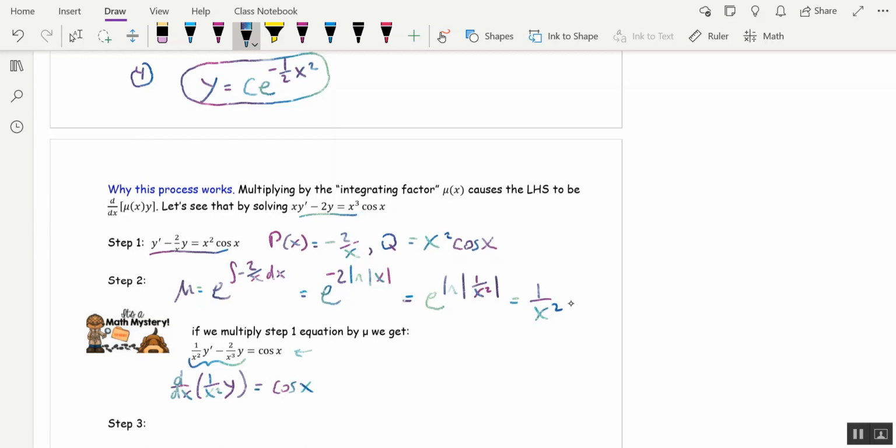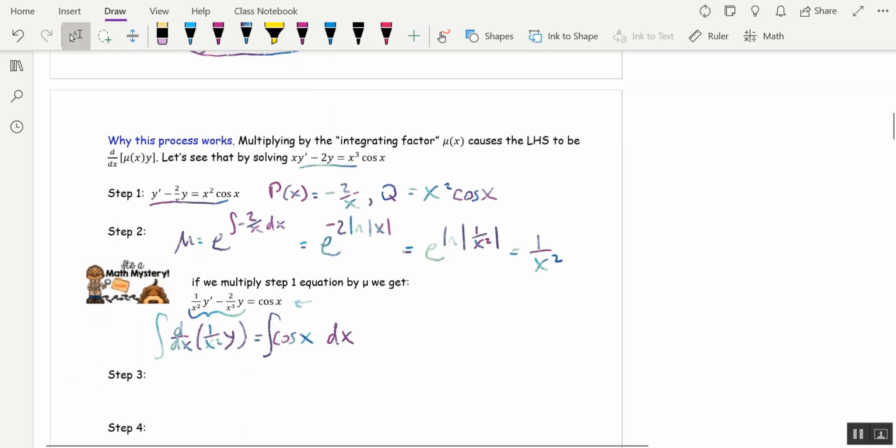All right, do the product rule and implicit differentiation, and you'll see that that's the case. Then we integrate both sides. So when you jump from step 2 to step 3, what's happening is you're integrating the derivative of mu y, and that's why every single time you'll get mu y.